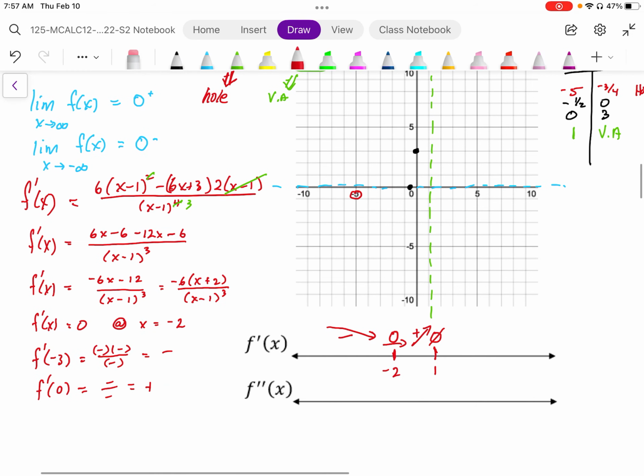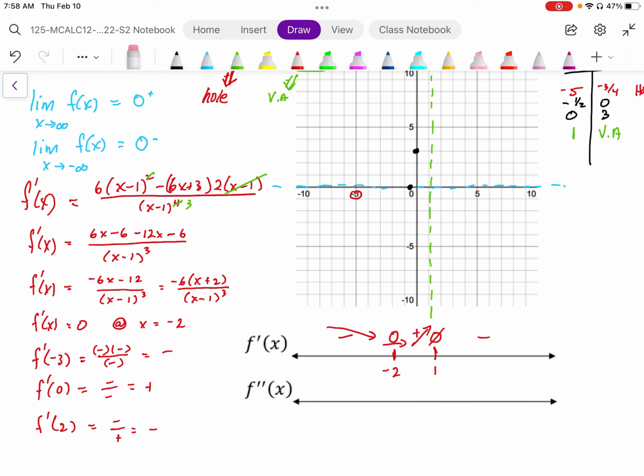And on the other side, f prime, I'm going to test it at x equals 2. When I plug x equals 2 in, I end up with negative on top and positive on bottom. So that's going to give us negative slope. So it's going to be negative slope all through there. Okay, and it's actually just going to be a negative slope function through there.